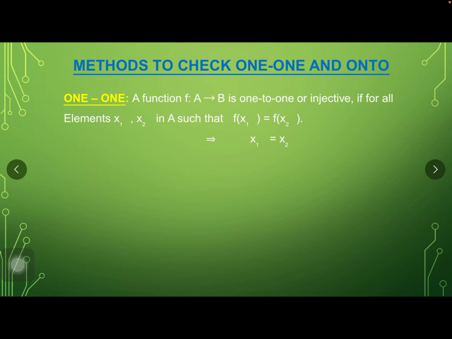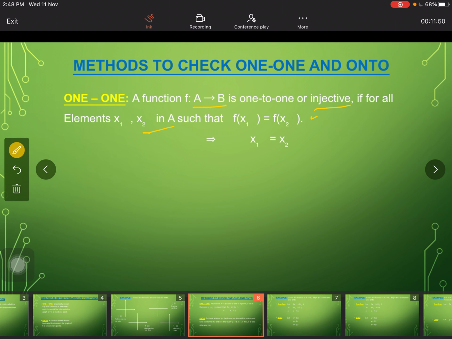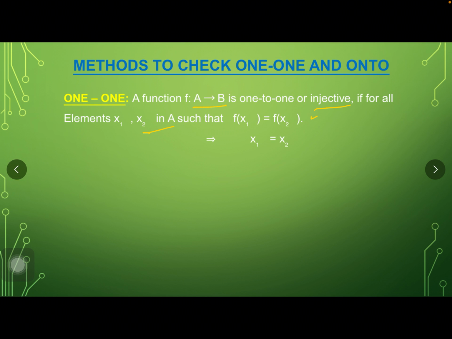Now we have a method to check mathematically whether our function is one-one and onto. How can we represent it mathematically? For this, first we have the one-one function. A function f from A to B is one-to-one, or injective, if for all elements x1, x2 in A such that f(x1) equals f(x2), then x1 equals x2.